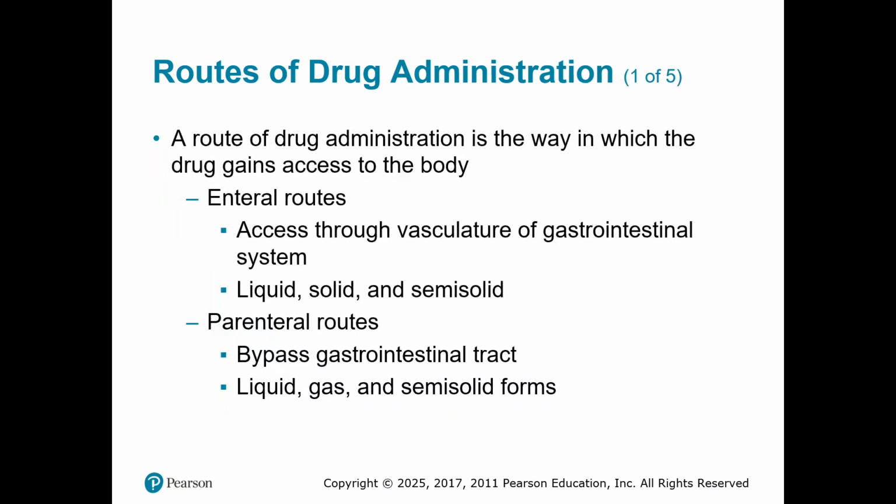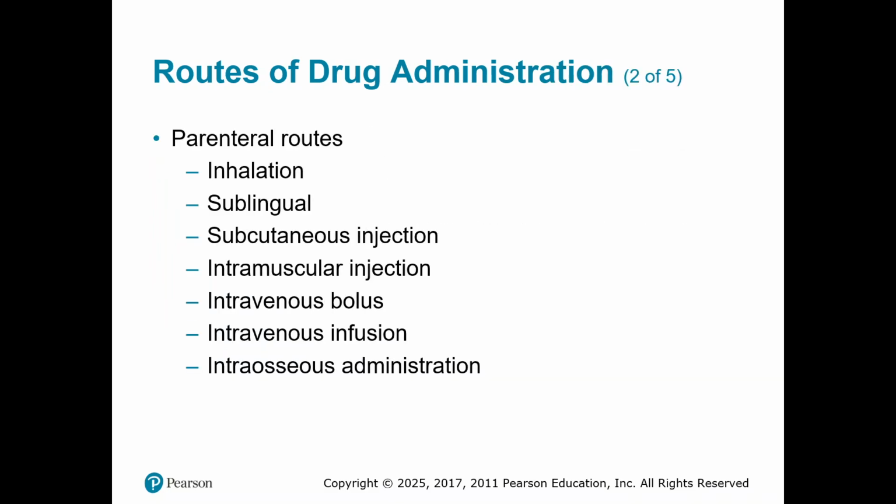And this could be a liquid, gas, or semi-solid forms of medication. And so some examples of parenteral routes: sublingual, like I just mentioned, under the tongue, inhalation like an albuterol Atrovent treatment, sub-Q injection, an intramuscular injection, intravenous bolus, intravenous infusion, or even an intraosseous administration.